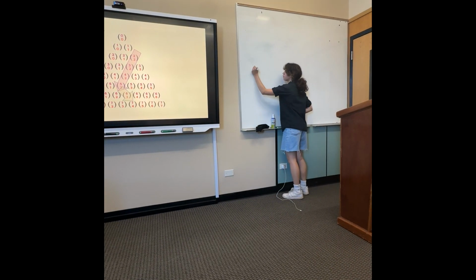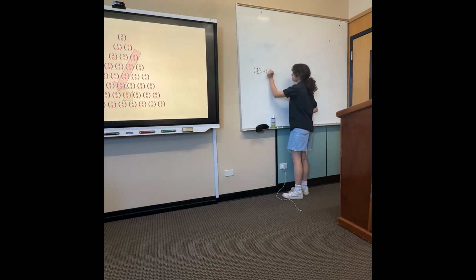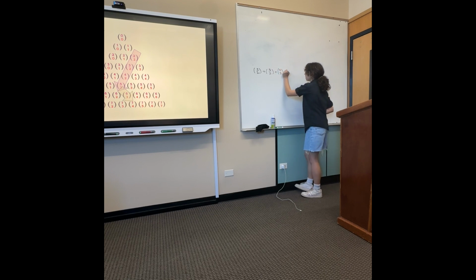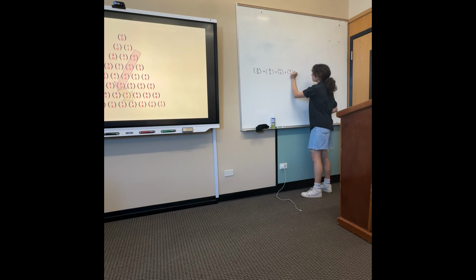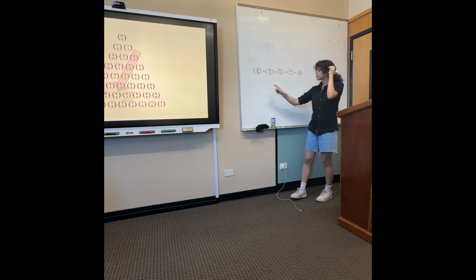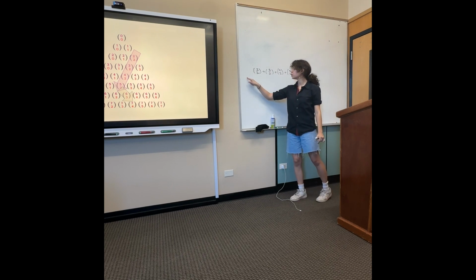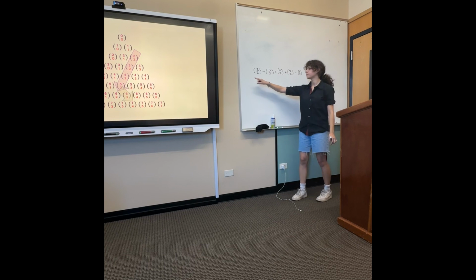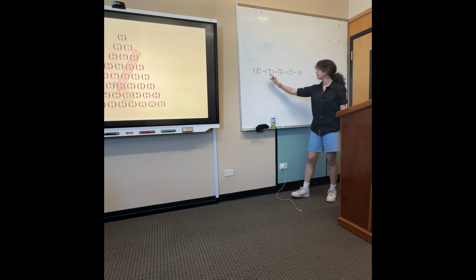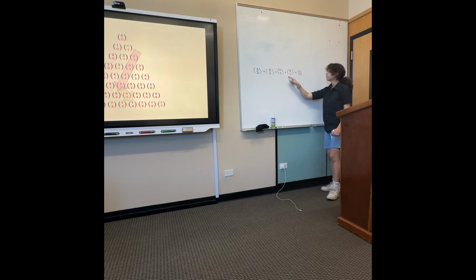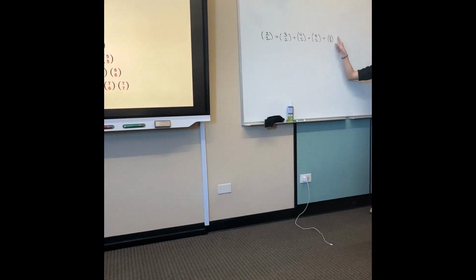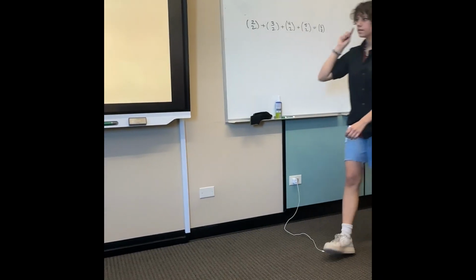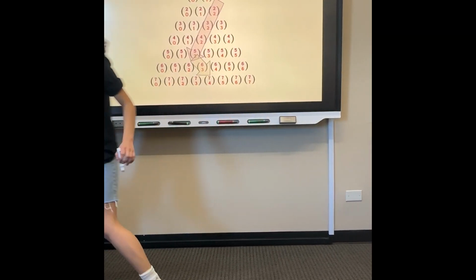So we're trying to prove that 2 choose 2, 3 choose 2, 4 choose 2, 5 choose 2, and then 6 choose 3. So that's essentially what I'm doing with this.